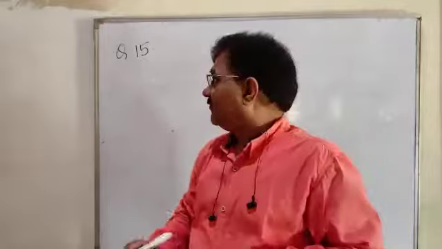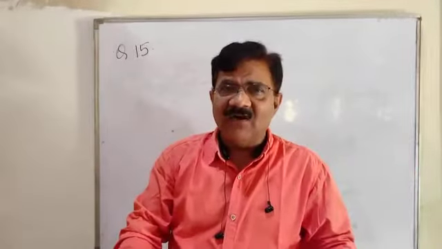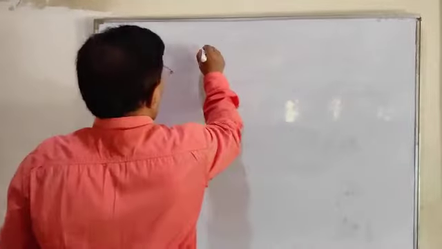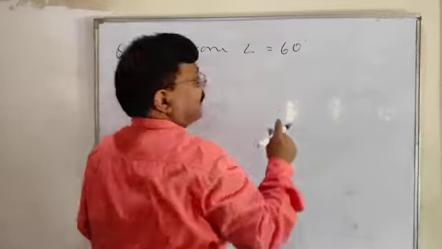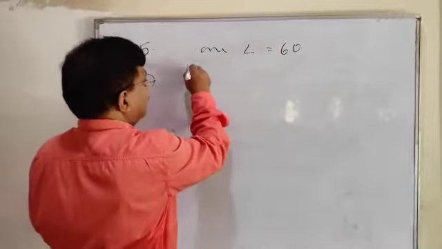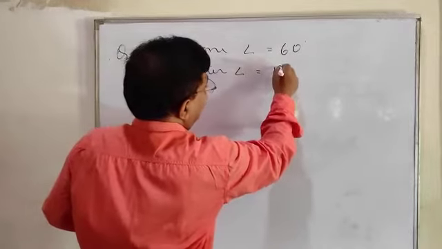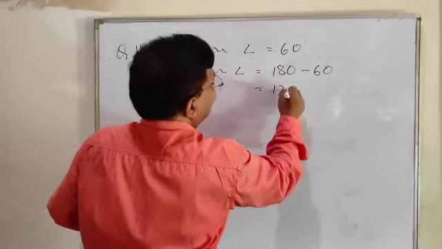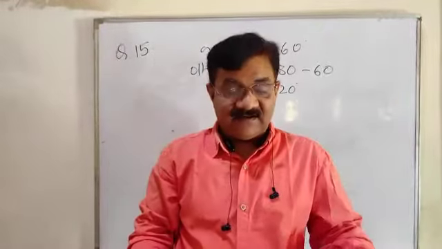Find the other. One angle is 60 degrees and they form a linear pair. The other angle will be equal to 180 minus 60 degrees, and that is 120 degrees. So 120 degrees is the answer.